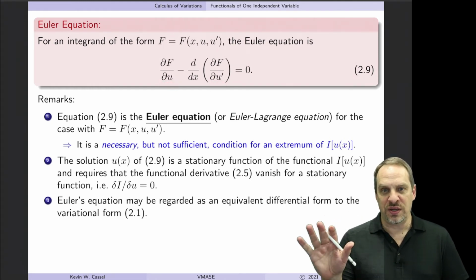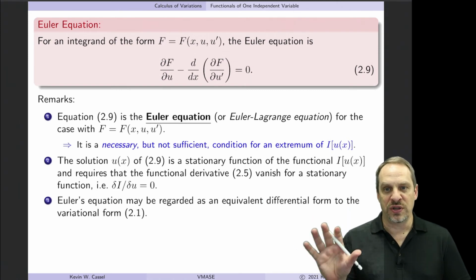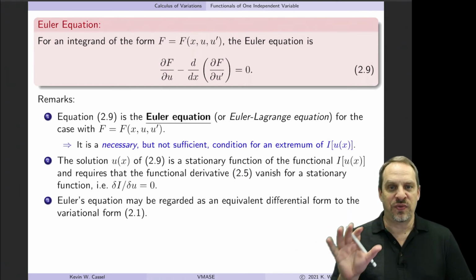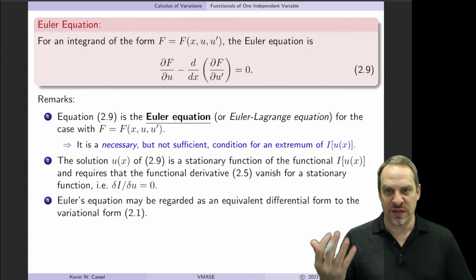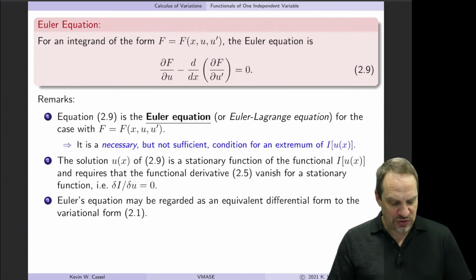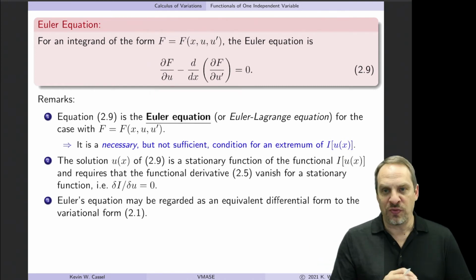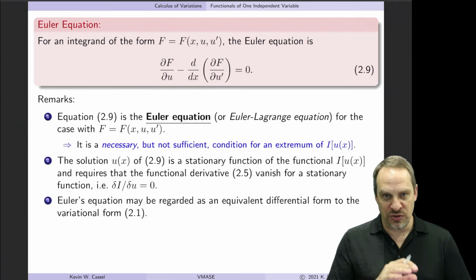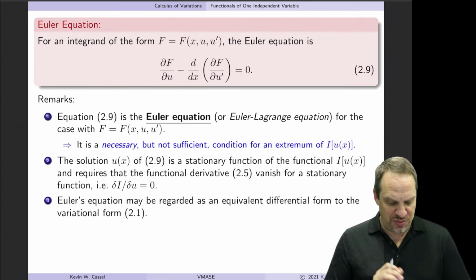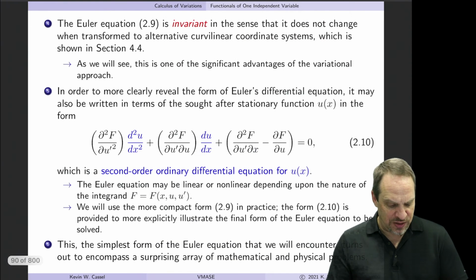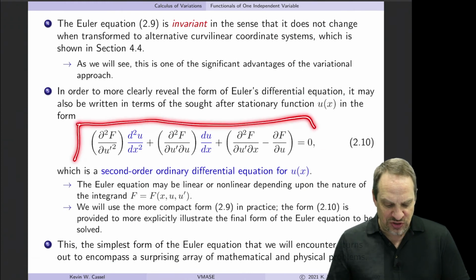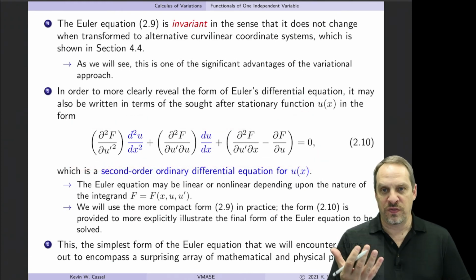And remember we said in the beginning of the derivation that we're going to look at u and u prime as if they're independent variables. Now they're not in the context of the real problem, so this looks a little strange. This is the form that we will use in examples, and we'll see many cases of that. But I want you to see what the equation actually looks like in a more familiar form.